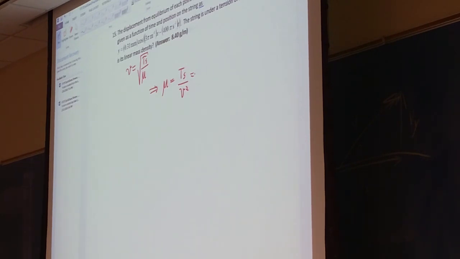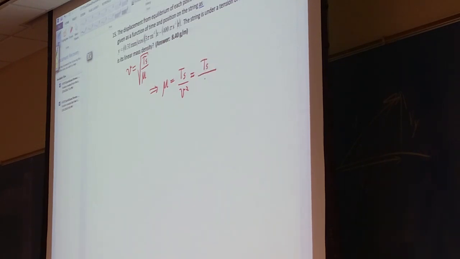So this particular problem does not relate to Vmax, the speed of a particular point on the string. It only relates to the speed of the waveform along the string. And so, what's the formula for the wave speed along the string? Oh, lambda over period, right.